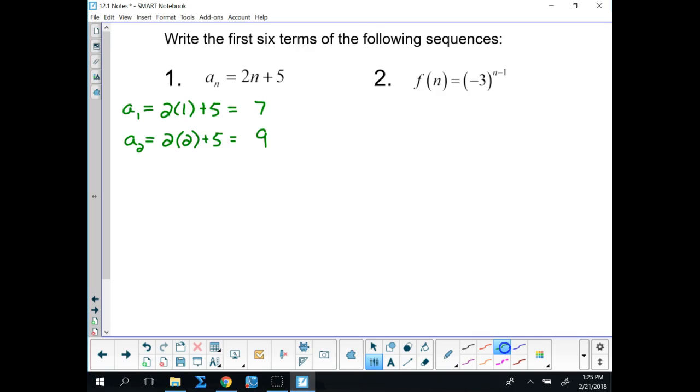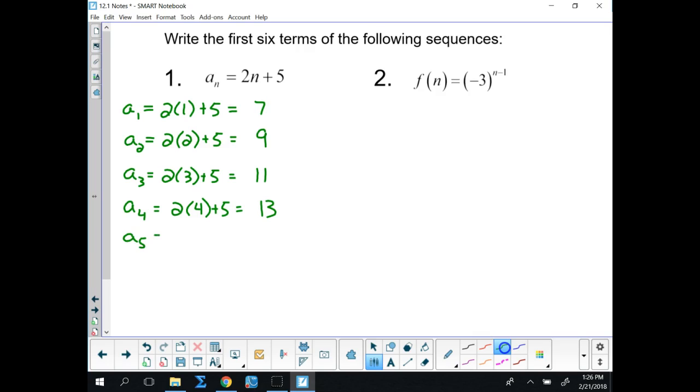Next, put 3 in the equation. That's going to get me 11. Next, put 4 in the equation. That's going to get me 13.